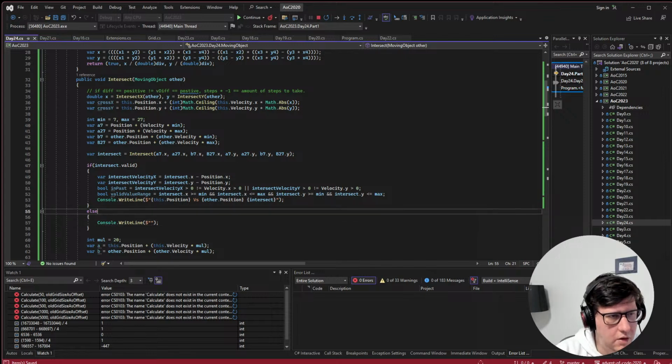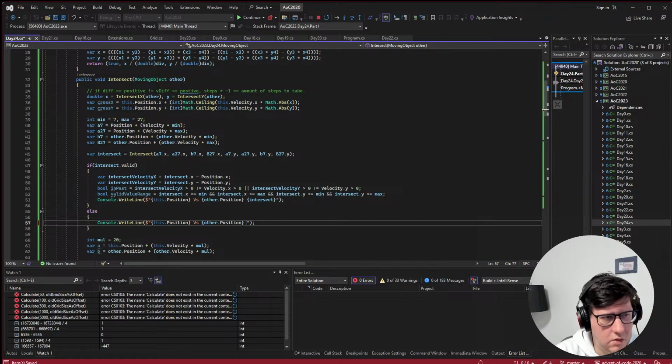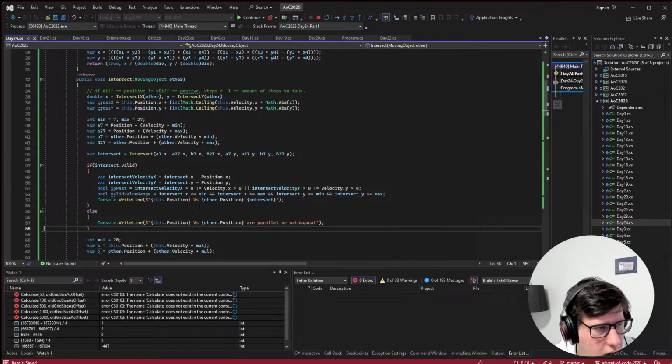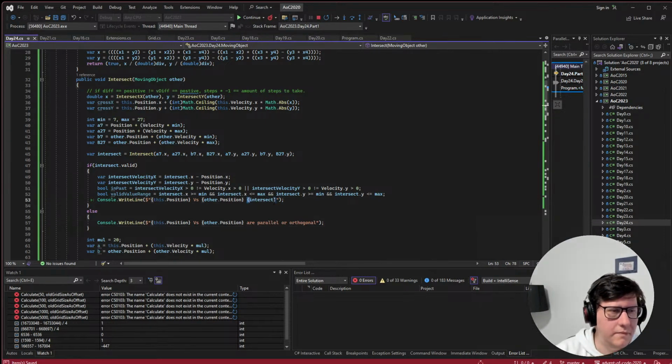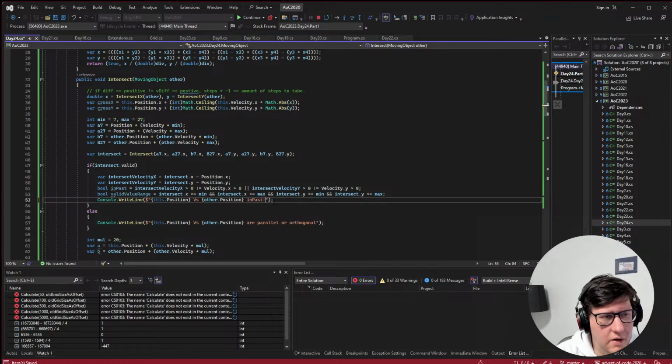Let me see. Like this. In past, in range, valid value range, valid, like this.